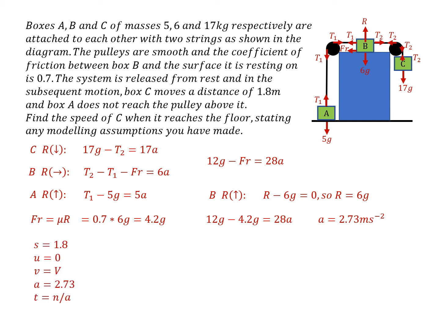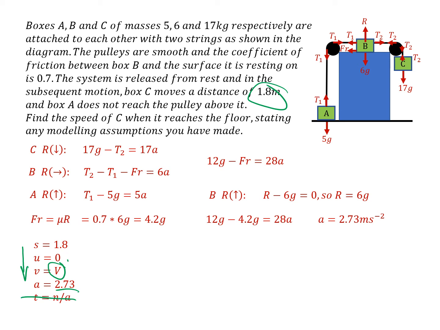So I'm looking at the motion of particle C, box C, downwards. So s is 1.8, box C moves a total of 1.8 meters from rest, so the initial velocity is 0. I'm going to call the final velocity capital V, the acceleration we've just calculated, and the time we're not interested in.